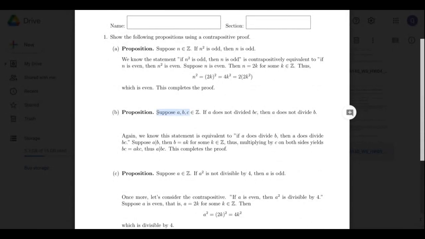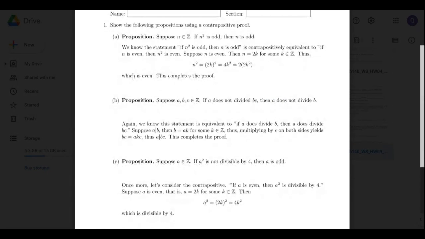Proposition: suppose a, b, c are integers. If a does not divide bc, then a does not divide b. Prove by contrapositive.